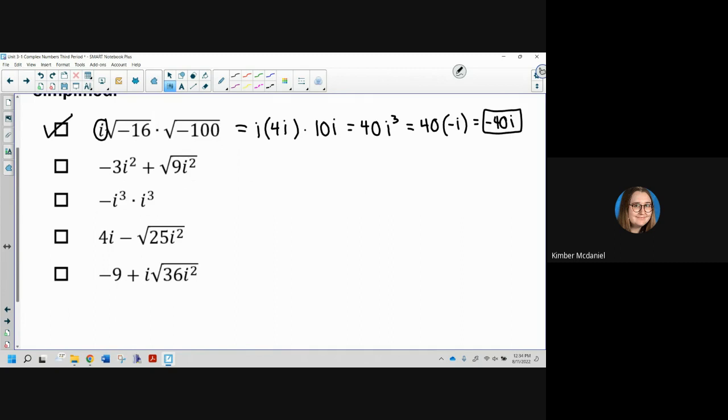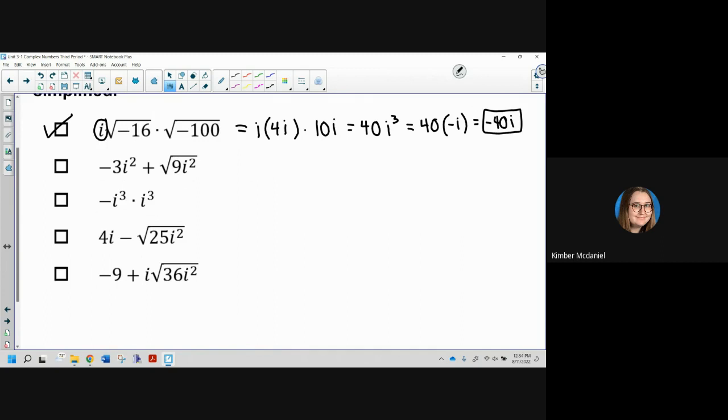Okay. Once you have that down, go ahead and write down our second answer choice. So our second answer choice is negative 3i squared plus square root of 9i squared.